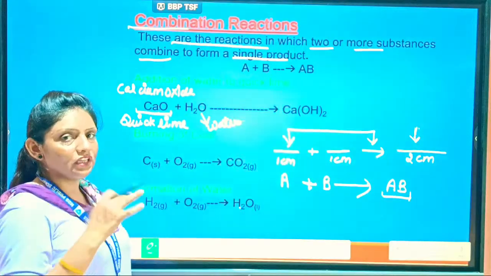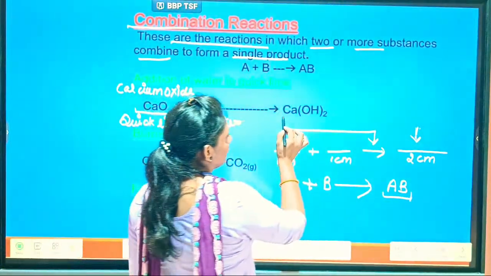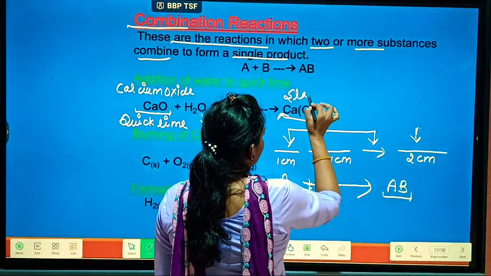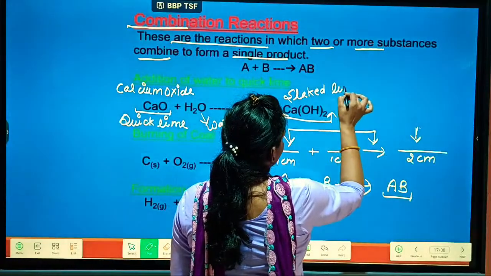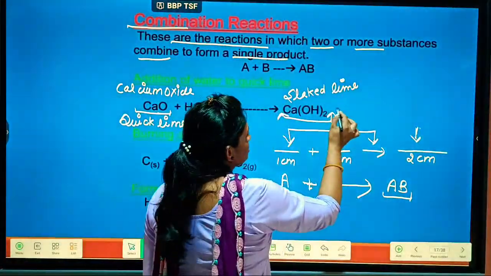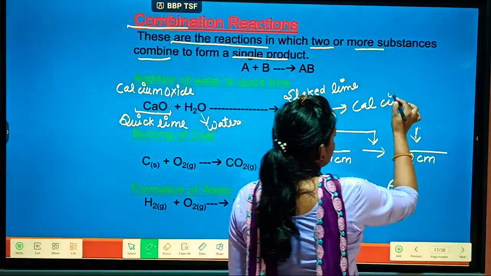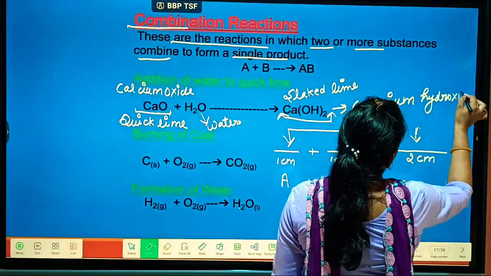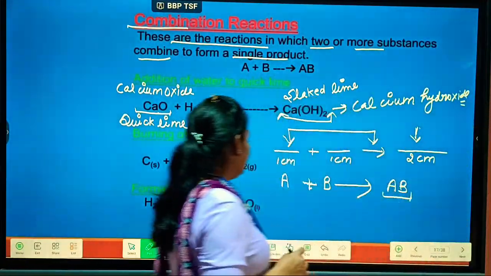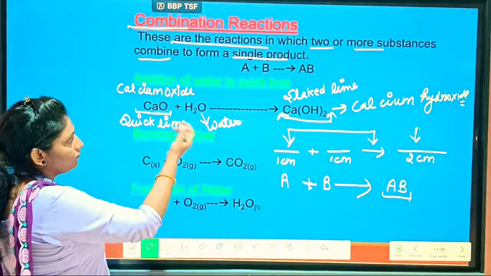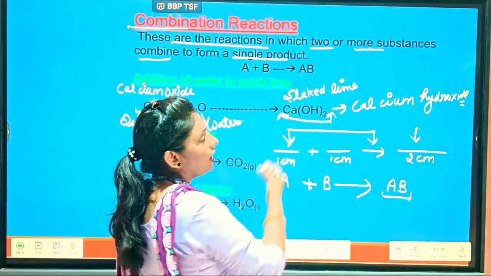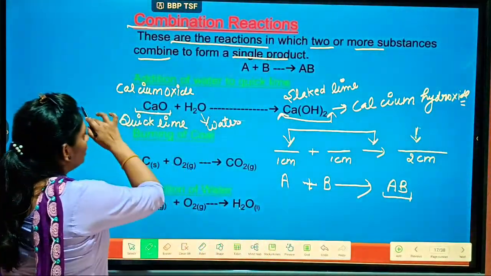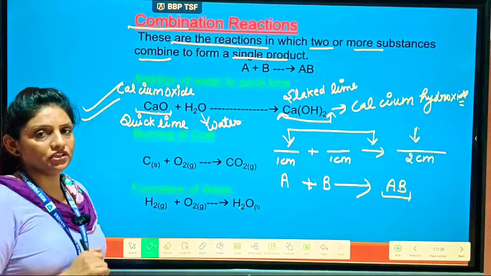After reacting with each other, they give us a single product, that is slaked lime, and its chemical name is calcium hydroxide. So students, you can see here you have two, and after reacting, you are getting only a single product. So this one is an example of the combination reaction.